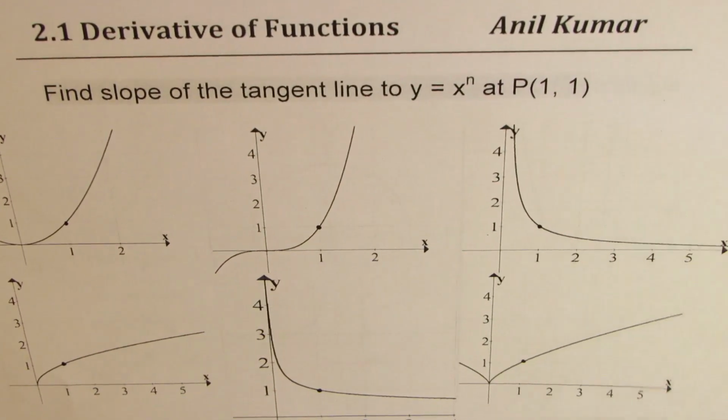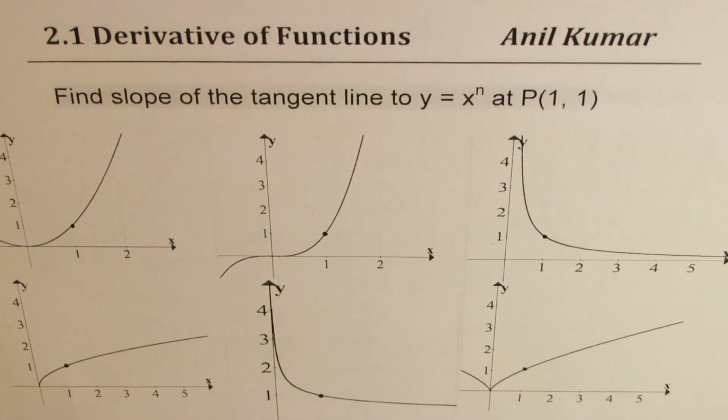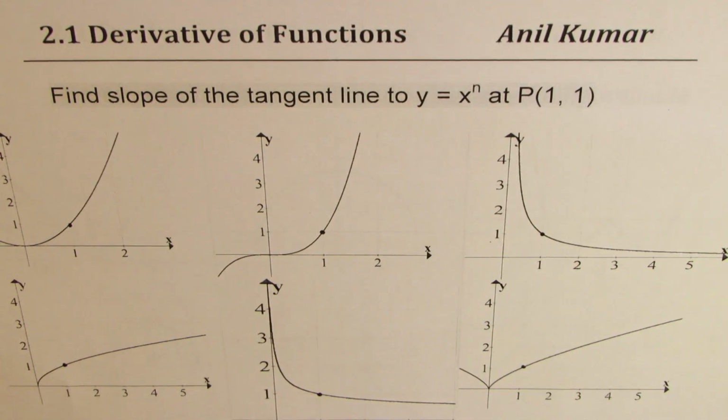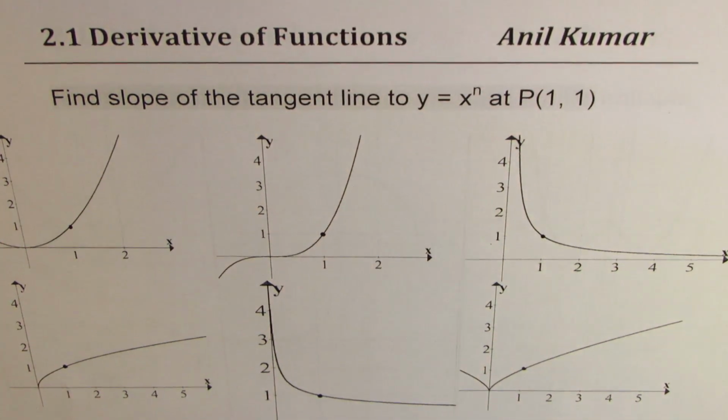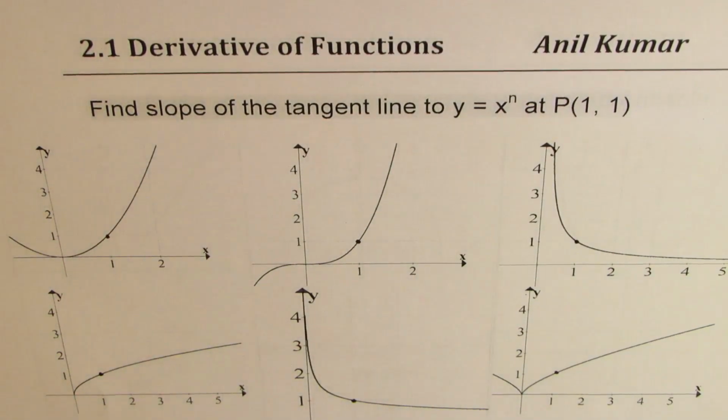Now, let me take up the examples which I began with. So I'll now take up a few more examples, and we'll calculate slope using tangent line. So now we'll get to our original questions. Now we'll explore how to find the slope of a tangent line and relate it with the derivative of the function.